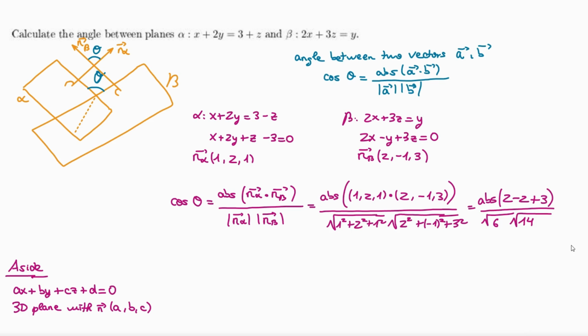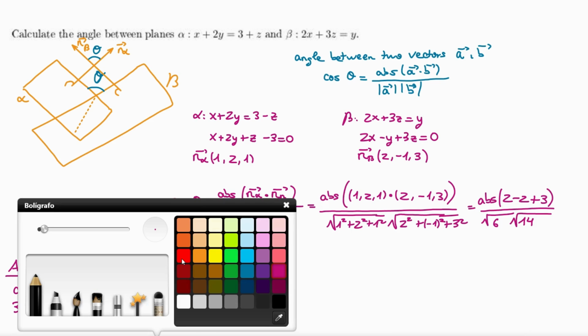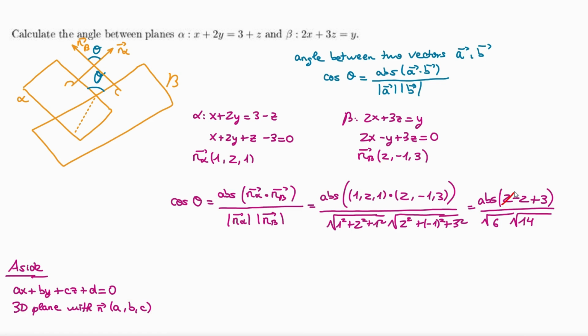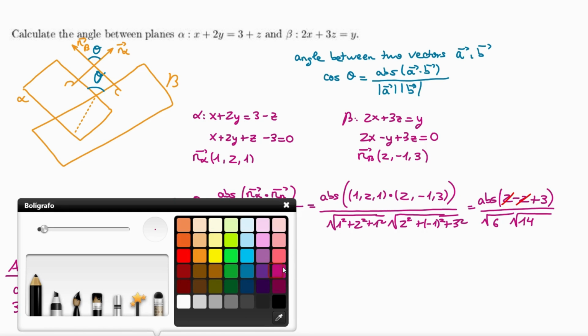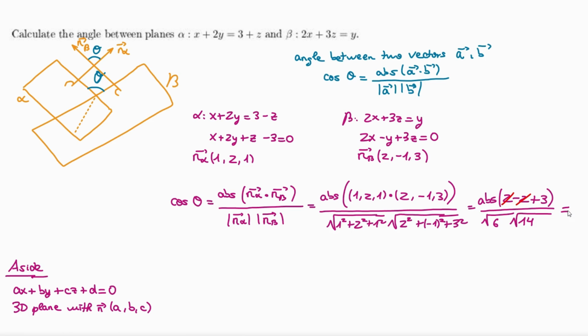Okay, so plus 2 and -2 cancel out, so we obtain the absolute value of 3, which is just 3, divided by root 84. 14 times 6 is 84.